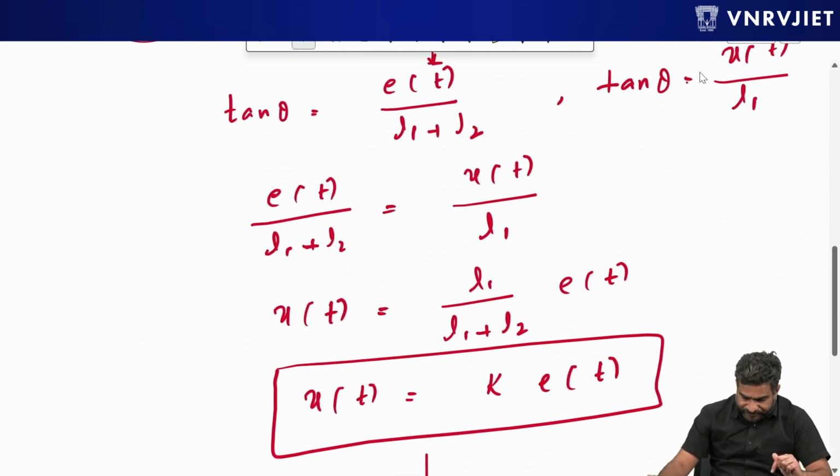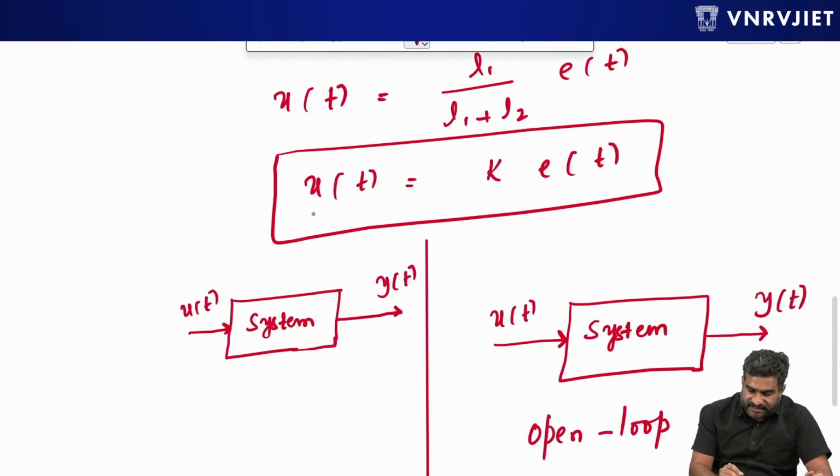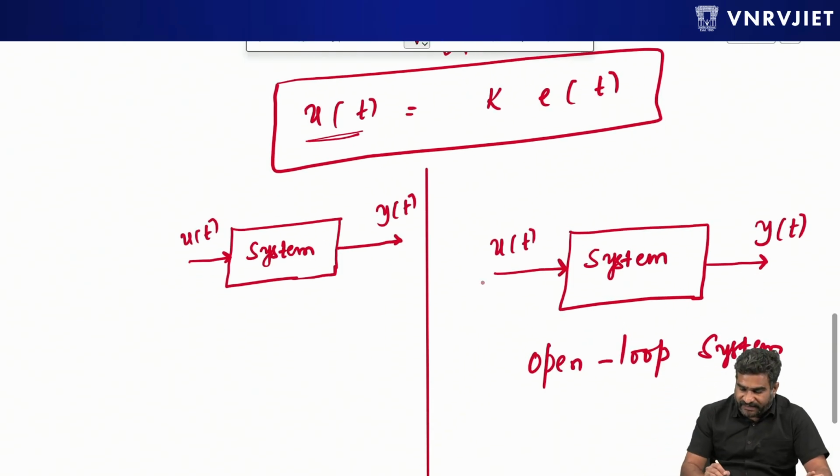If you really see, now this input U of t, in the open loop case, the input that is going to the system is manual. So manual means that either you or your father, mother has to switch on and switch off the motor, right? So that's the manual control.